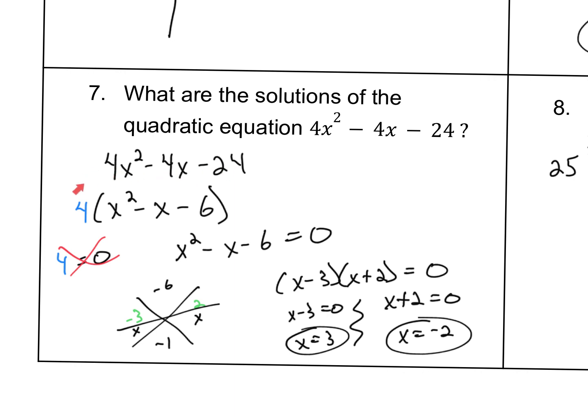So I factored out the 4, and what was left is x squared minus x minus 6, because if you multiply these terms times 4, you get back to the original. Well, now we have these two factors. We set them equal to 0. Of course, 4 doesn't equal 0, so that's out.